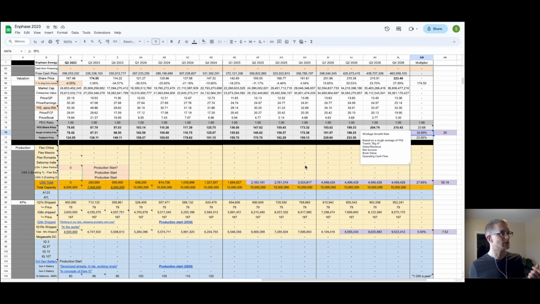And then the last one is based on free cash flow for the price. You can see that these numbers in the multiplier column are what we're assuming. To think of this very simplistically, we're assuming that Enphase is growing at 24% earnings, 18% overall growth, and this final one is based on, we'll call it, 22.5% free cash flow growth.